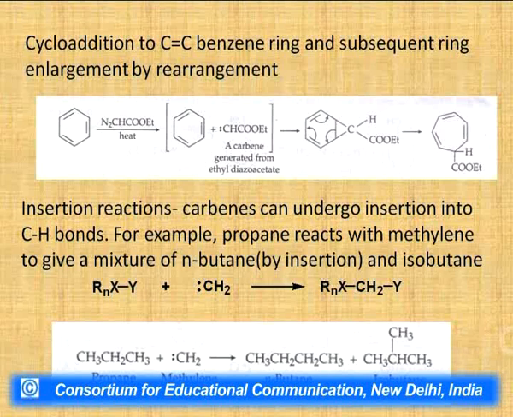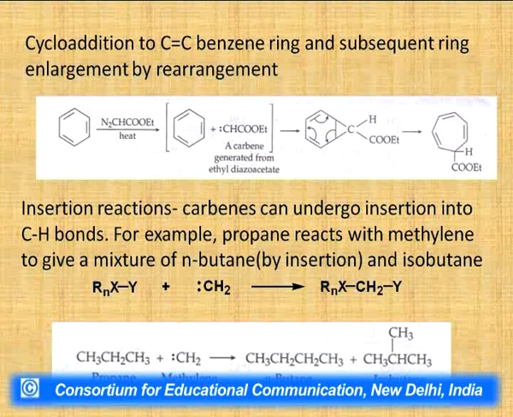What is an insertion reaction? Carbenes can undergo insertion into carbon-hydrogen bonds. However, we do not observe insertion reactions of carbenes into carbon-carbon bonds. So keep in mind, there is insertion of carbenes only in carbon-hydrogen bonds.